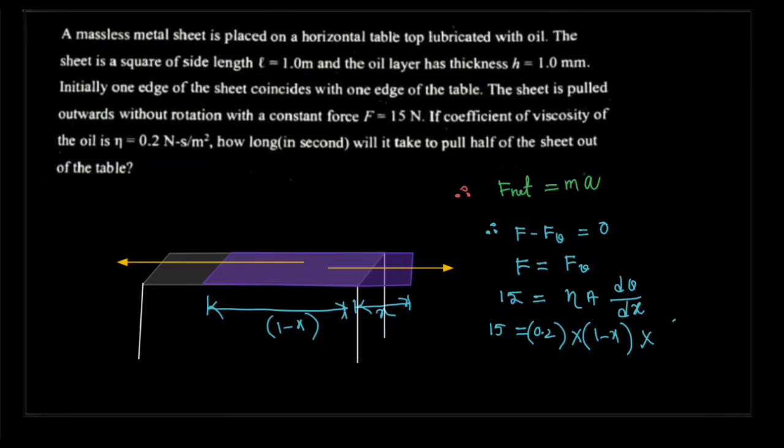Here dx is the height, which is 1 mm, therefore 10 power minus 3. If I do this calculation, 15 into 10 power minus 3 gives 2000.